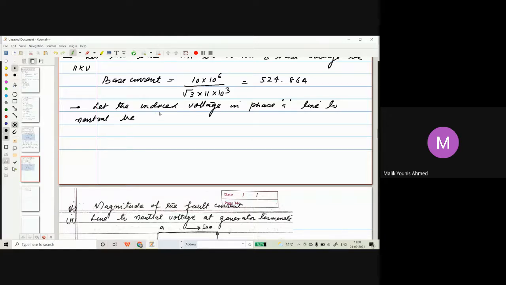How much will it be? 1 per unit. And let us take it as a reference.